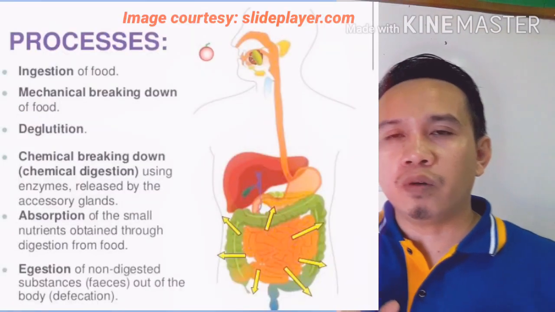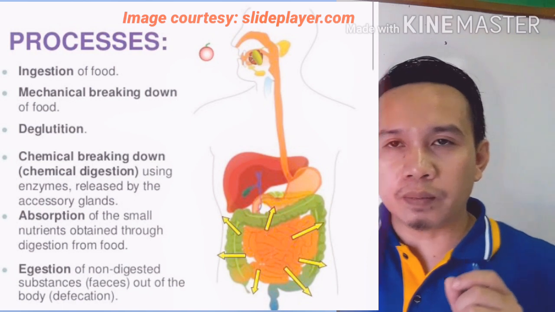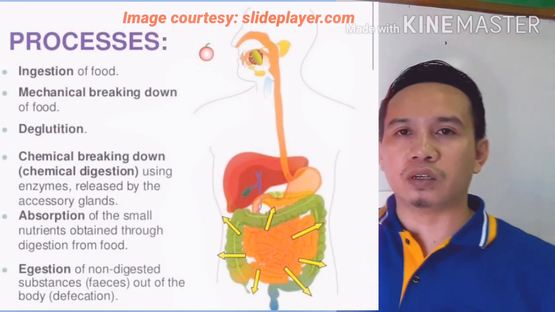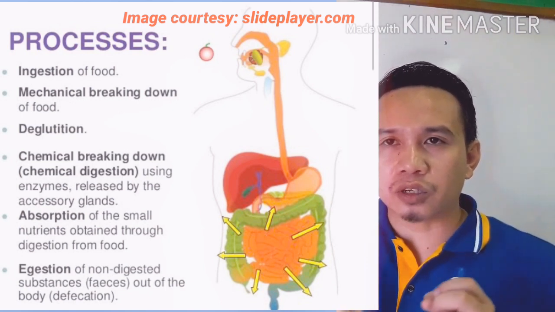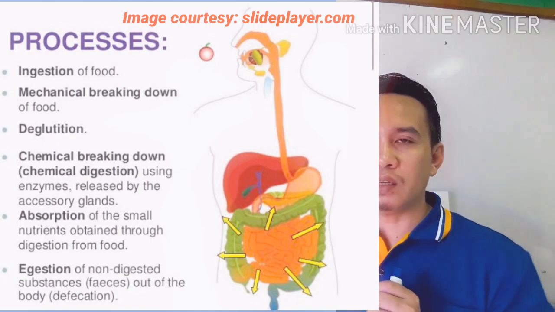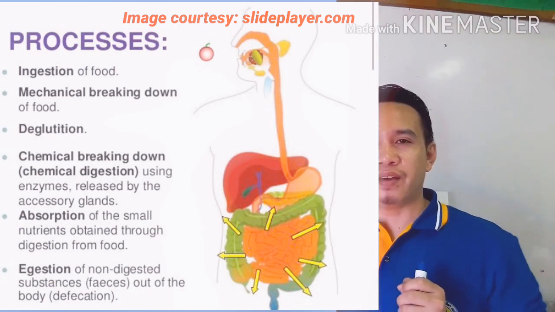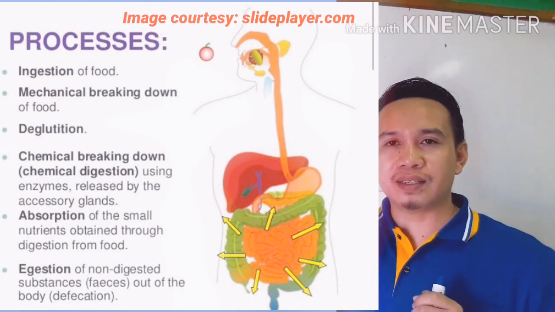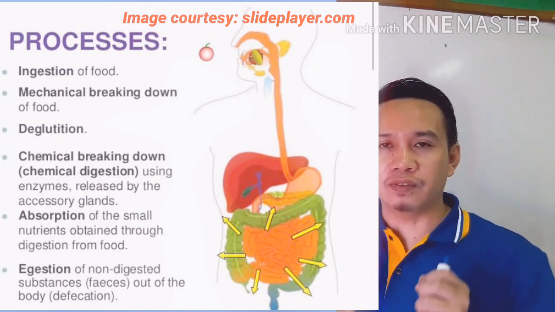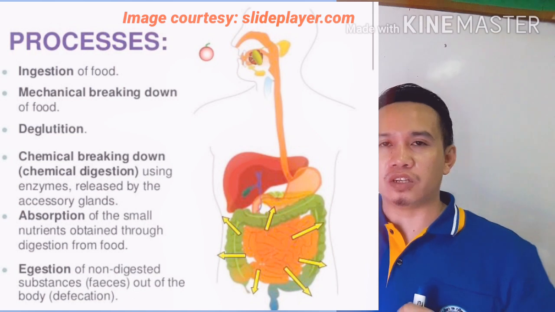This time, I'm going to explain to you the process of digestion. So what is the exact or correct flow in this particular process? As we have talked about earlier, there are important accessories that are involved in the process of digestion.